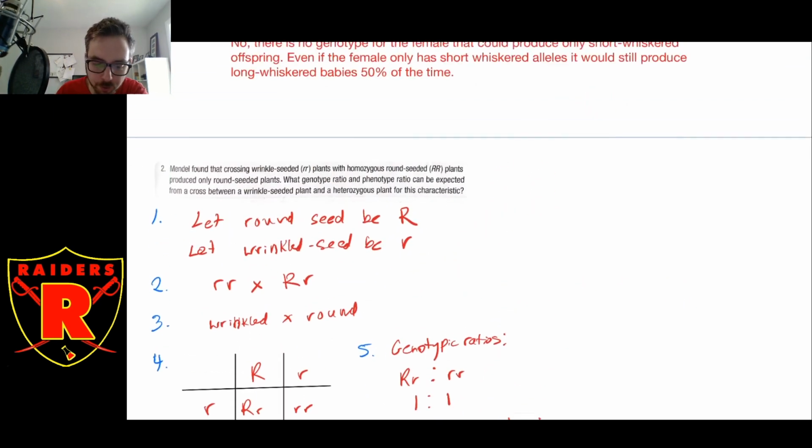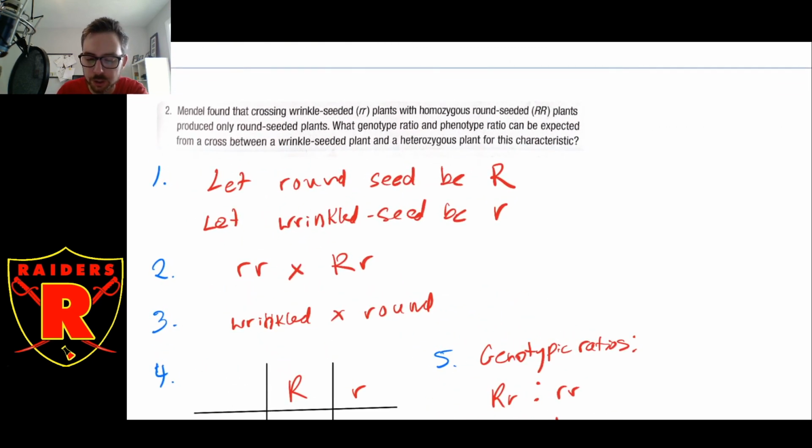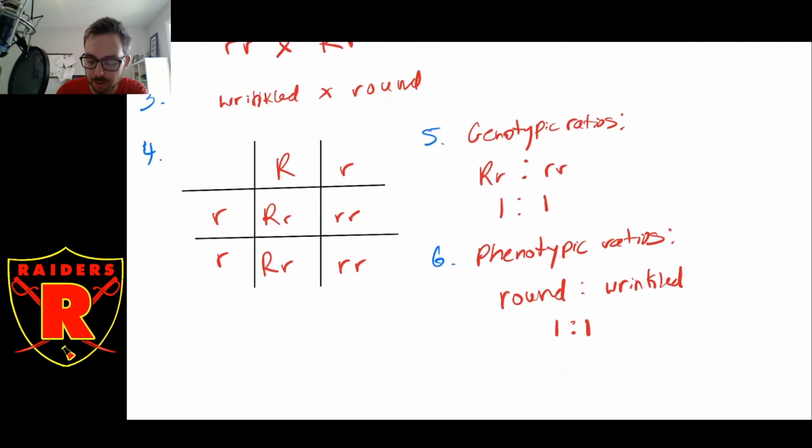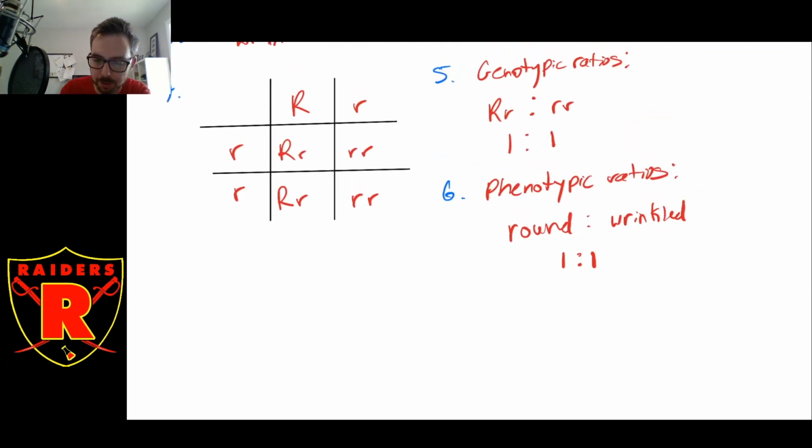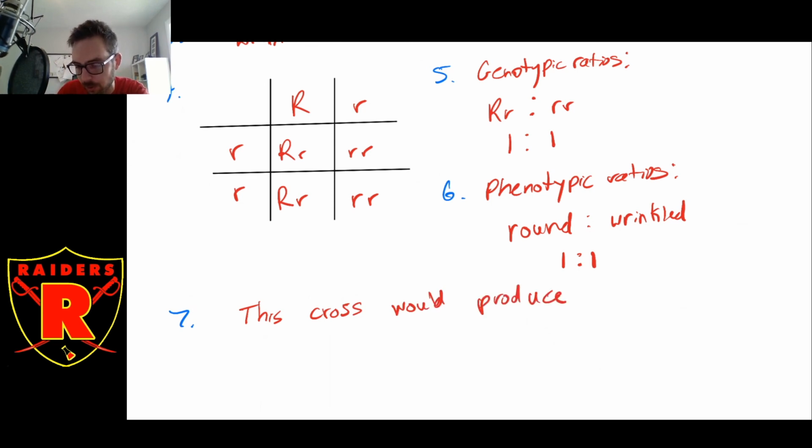Going back to our original question, it's asking what genotypic ratio and phenotypic ratio can be expected from a cross between wrinkled and heterozygous. We just did that. The last part here would be to answer the question. Number 7: this cross would produce a 1-to-1 ratio of big R to little r.